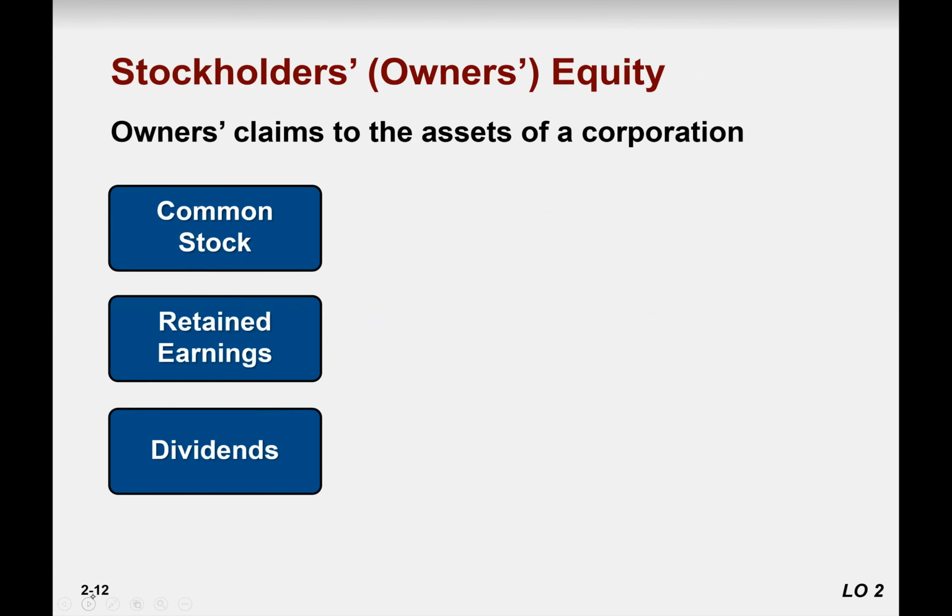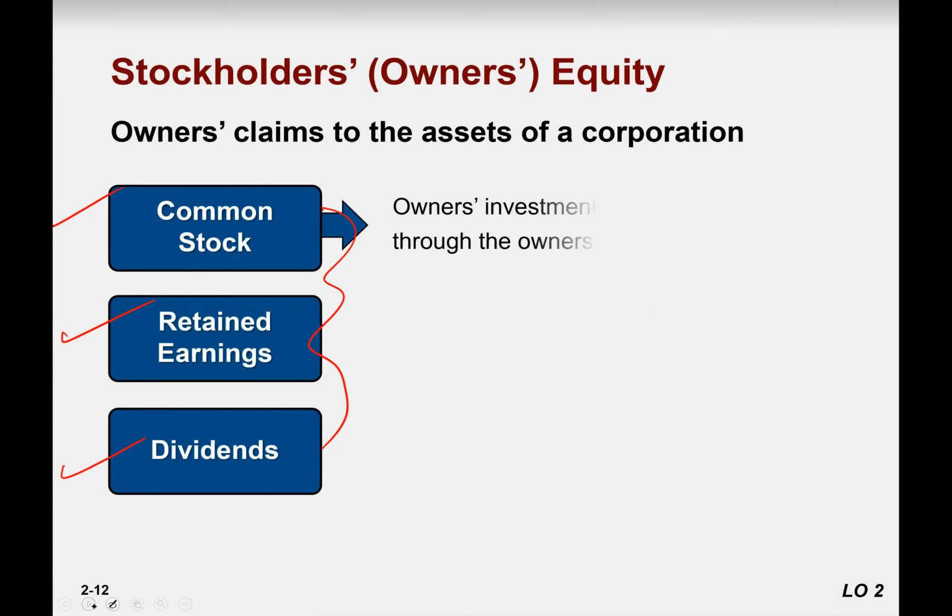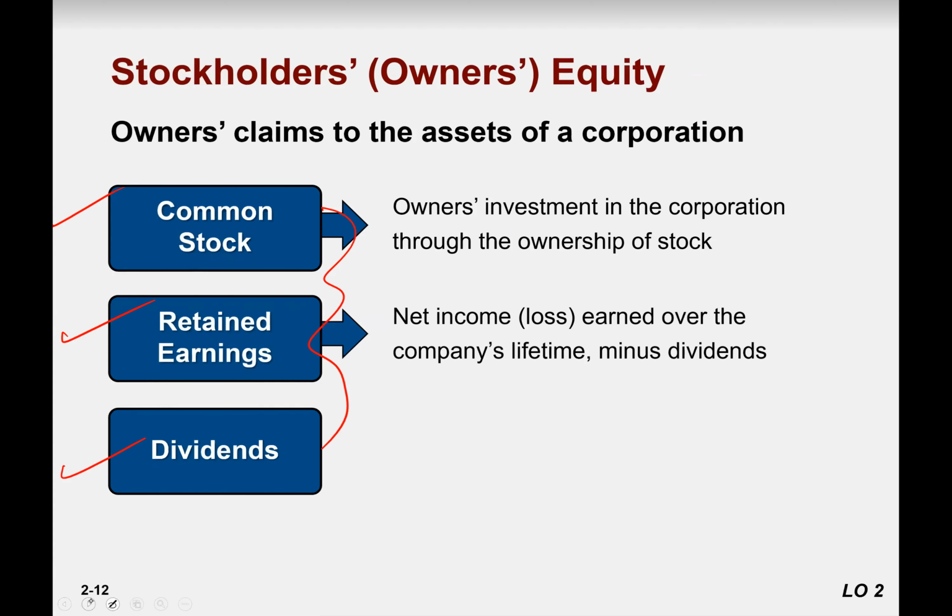And then shareholders' accounts, we have common stock, retained earnings, dividends. I'm not going to waste too much time here. We already talked extensively about what we mean by all these three. So here we go. Common stock: these are owners' investment in the form of stocks. Retained earnings: all those earnings that we earned over the period of time, but we didn't share with our owners.